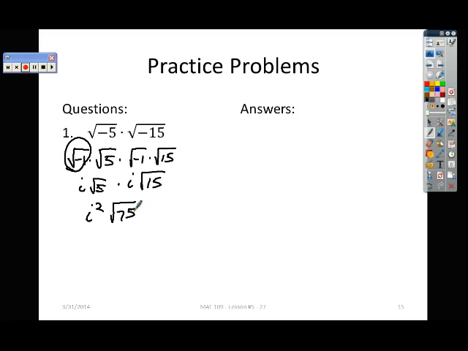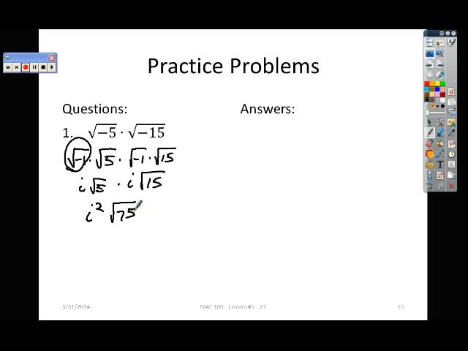How can I simplify that? What's one thing I can do? Right, and why do you separate it that way? 25 is a perfect square. I can actually take the square root of that, can't I?